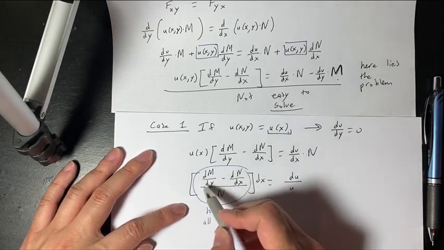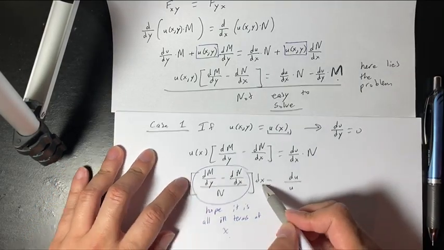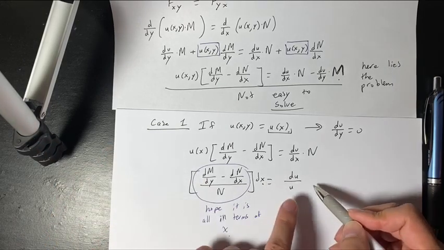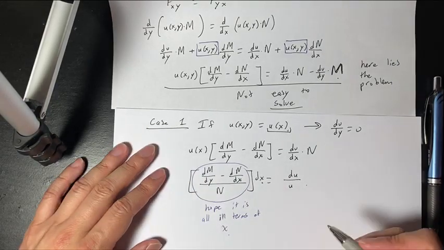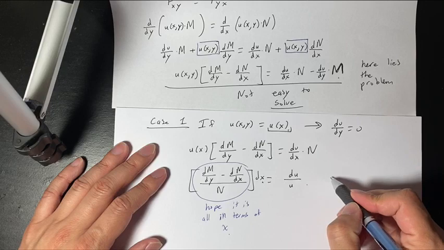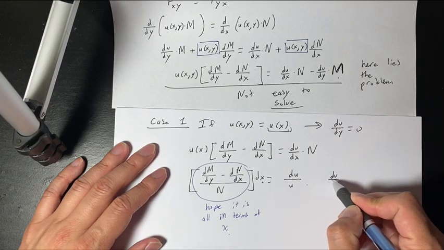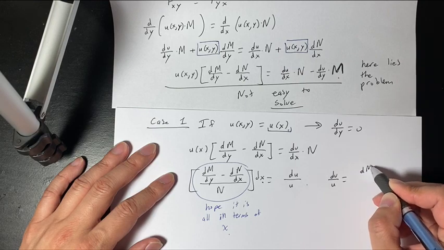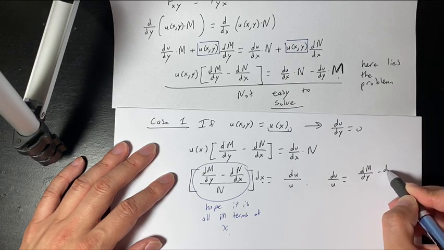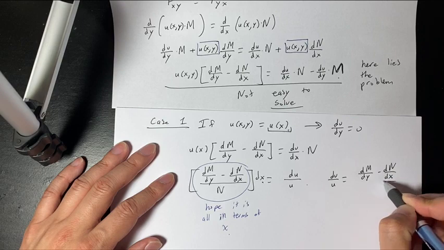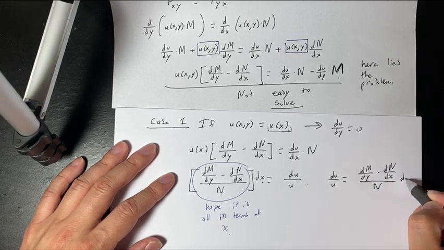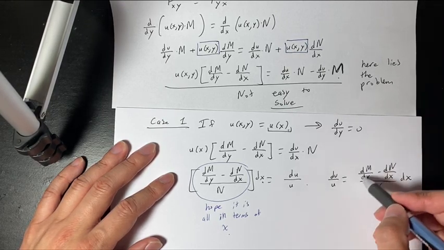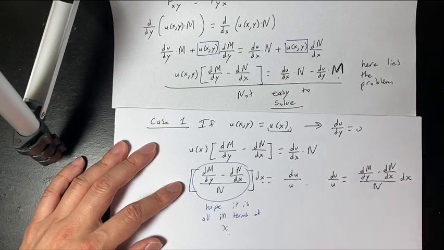Next, you assume this to be all in terms of x. So everything on the left side is in terms of x, everything on the right side is in terms of u. And let me just flip this differential equation. So du over u equals dm dy, and if this is indeed all in terms of x, then you have something that's separated.